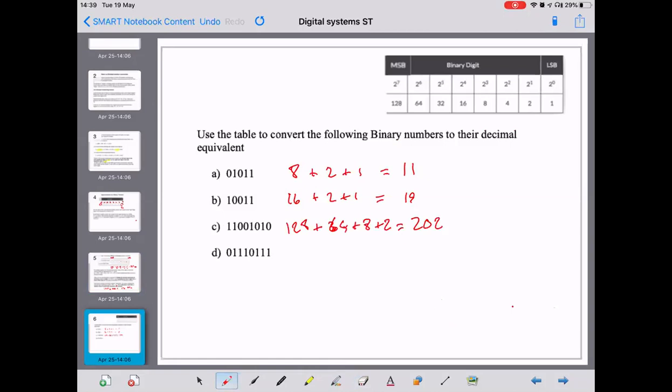And the last one, 119, made up of 64, 32, 16, 4, 2, and 1. Okay, so it was a fairly easy task to work out the decimal value of a binary number.